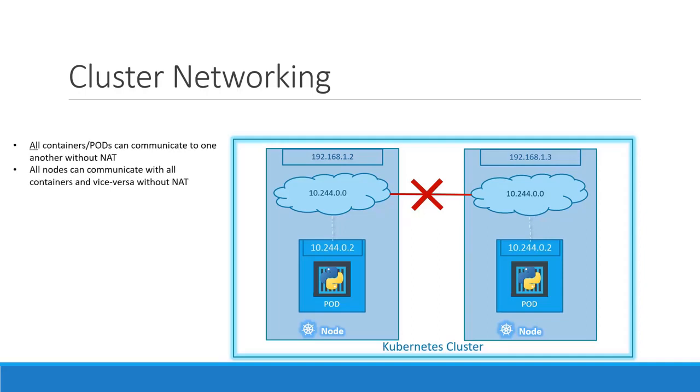Some of these are that all the containers or pods in a Kubernetes cluster must be able to communicate with one another without having to configure NAT. All nodes must be able to communicate with containers, and all containers must be able to communicate with the nodes in the cluster. Kubernetes expects us to set up a networking solution that meets these criteria.